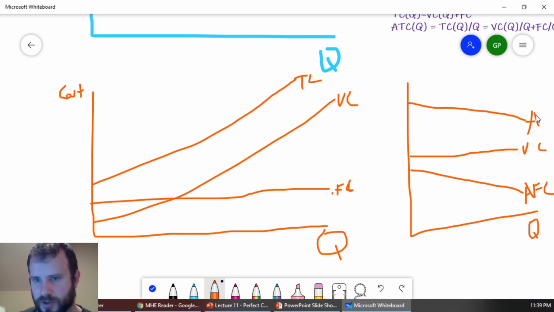average total cost. And in the long run, as average fixed cost goes to 0, this is ATC. So this is AVC, this is ATC.